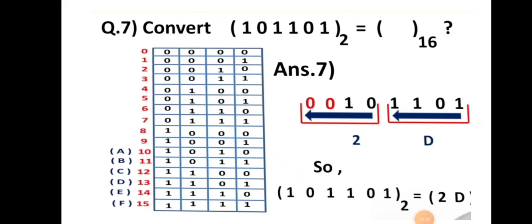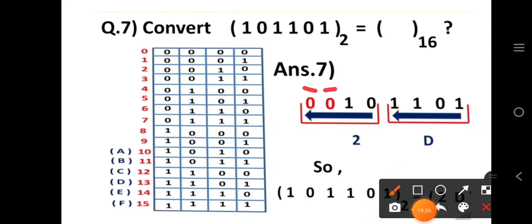Let's again come to the question. We are converting 101101 binary into a hexadecimal number. So using this table we have made groups of these digits. Here we have included the 2 digits, 0 and 0, at the start, and we have made groups of 4 from right to left, that is 1101 and 0010.